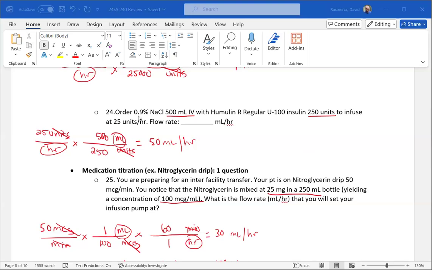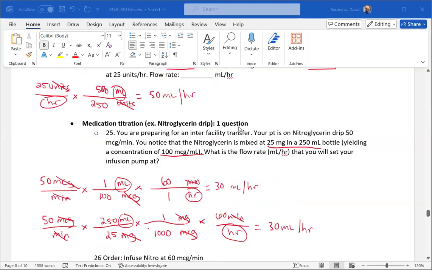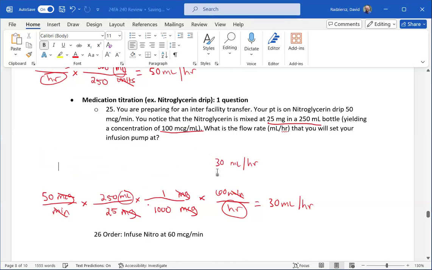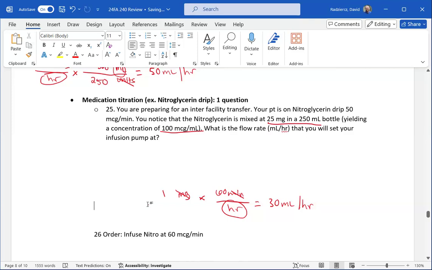So that's how that works. Let me go back and look at the titration question. I'm going to clear out my work, since it's been a little while since I've worked through this, so you can see what we're doing.